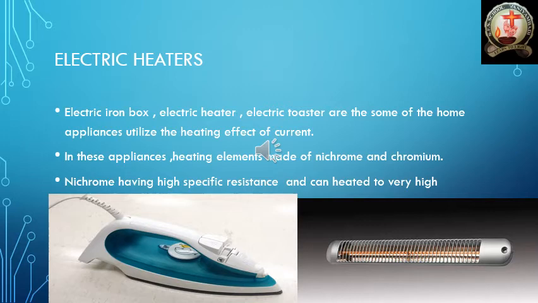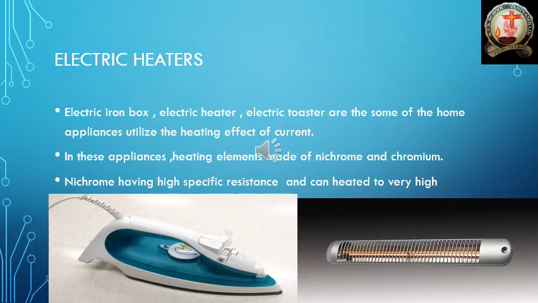See once again, electric iron box. I already mentioned the diagram of the electric iron box below. Please see. And electric heater. This diagram also I mentioned below, right side corner. Please see. Electric toaster. These are some of the electric instruments that we use at home.